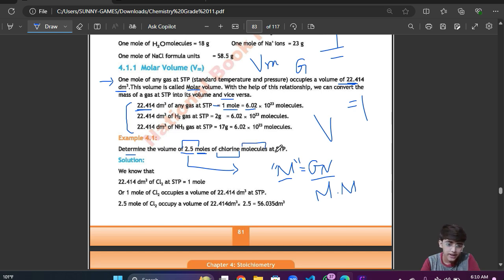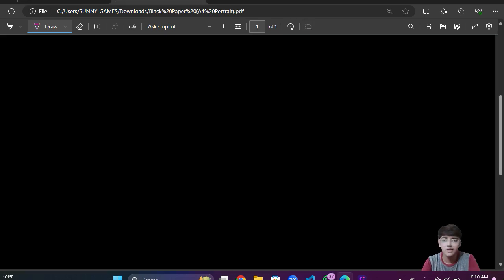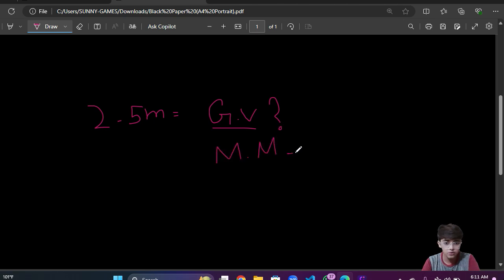molecules at STP. Now the simple thing I'll do is: 2.5 moles equals given volume, which we don't know, upon molar volume, which is equal to 22.414 dm cube.